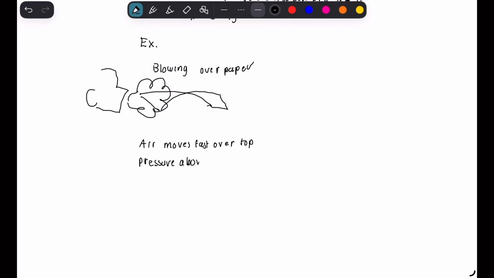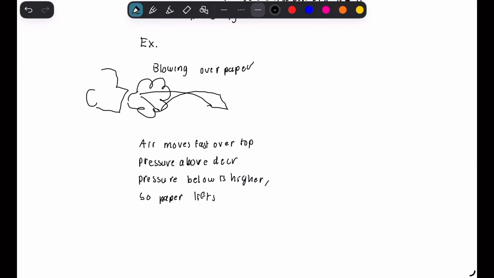The pressure above decreases, and the pressure below is higher. So the paper lifts.